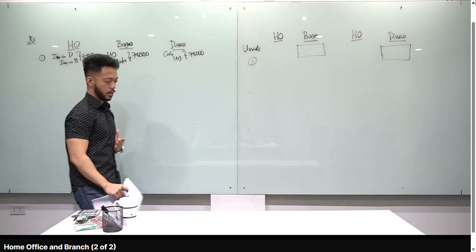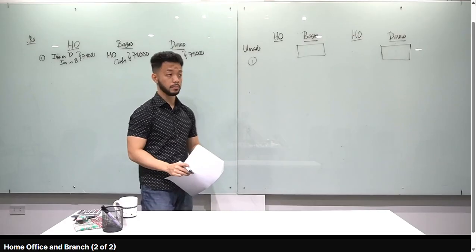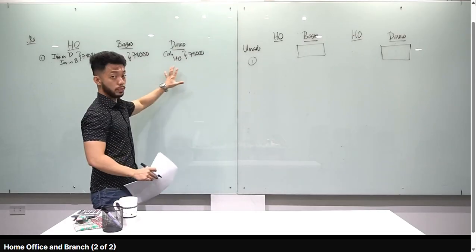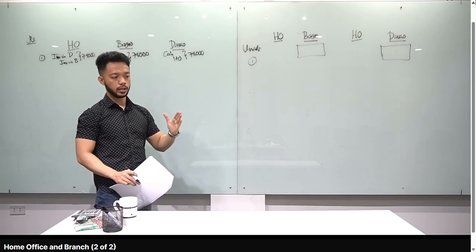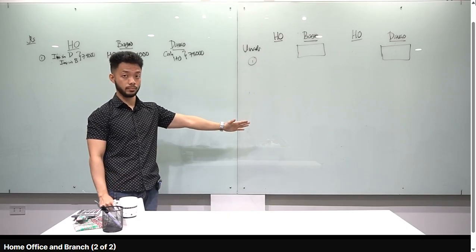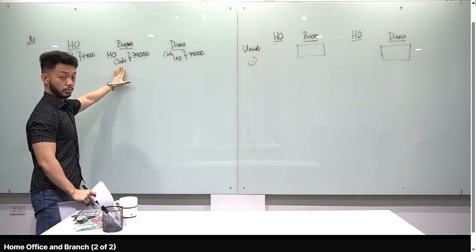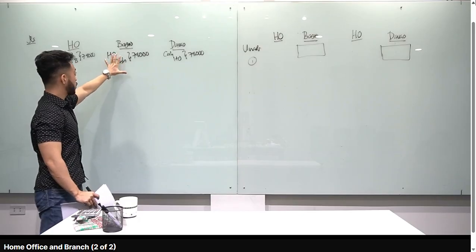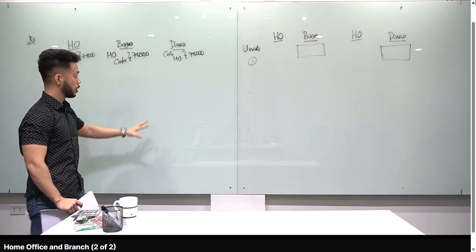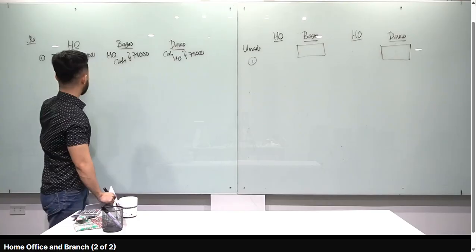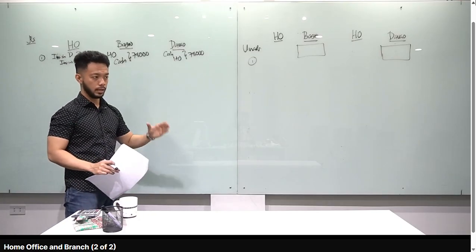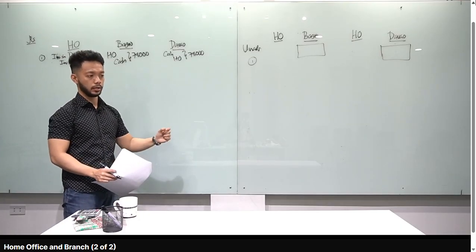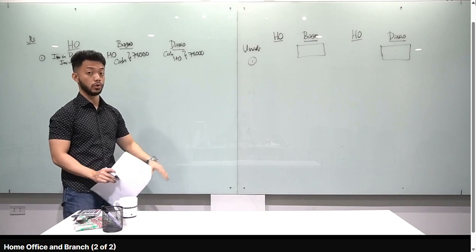Tandaan mo, class, kapag merong inter-branch transaction, meaning merong transaction between two branches, it's as if nagtatransact sila separately with the Home Office. Napansin nyo dito, class, parehong HO. Tama? So, it's as if si Baguio and si Home Office yung magkausap dyan. Ito naman, it's as if si Davao and si Home Office yung magkausap. Parang ganun. So, tandaan mo, pag may inter-branch shipment, it's as if separately sila nakikipag-transact with the Home Office.